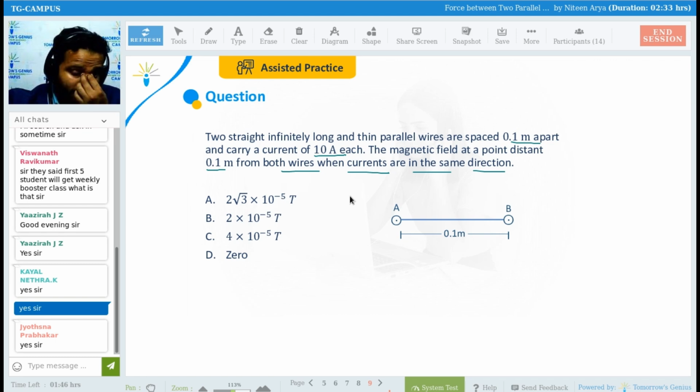Tell me which one is the correct answer, beta. A, B, C, D. 0, it is going to be C, is going to be A, is going to be B.